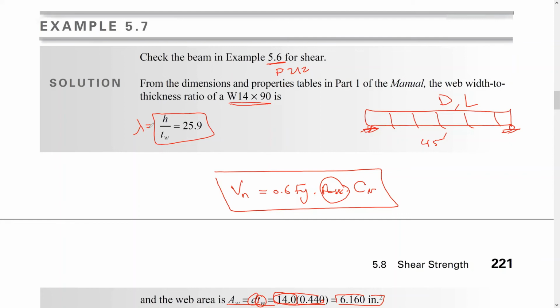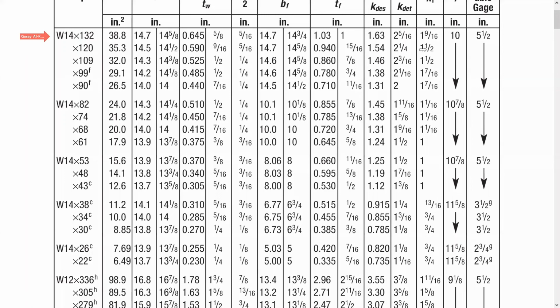So let's go briefly to the steel manual and see where we can get this information. In Part 1 of the steel manual, this is the wide flange W14x90, and the F superscript means that this section is non-compact.